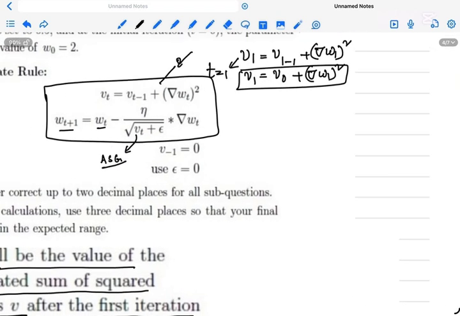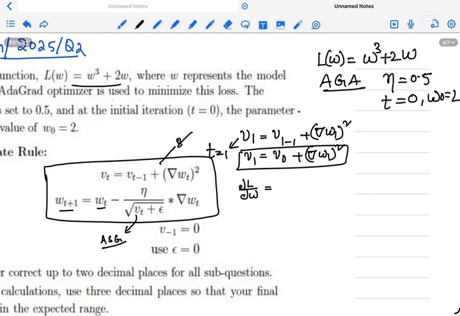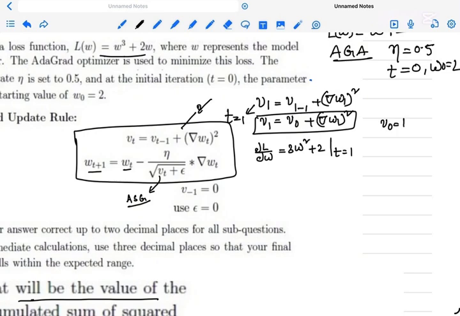So delta W1 is the gradient of the loss function, dou L by dou W, the loss function, right, equals 3W square plus 2. Calculated in the previous question, V naught equals 14 square. So V1 equals 14 square plus delta W1 whole square.